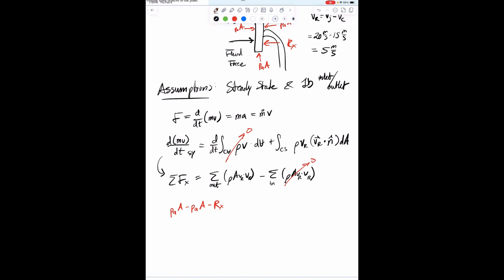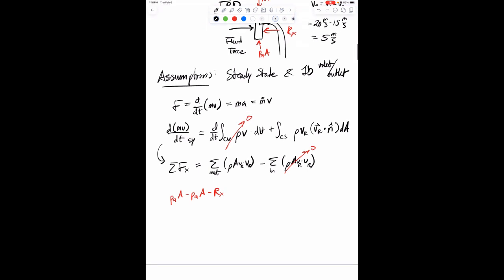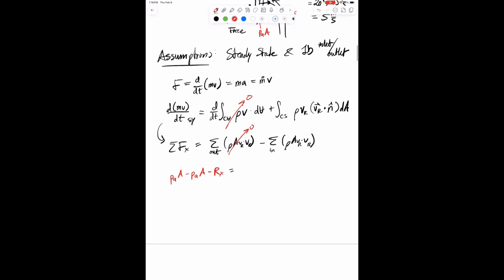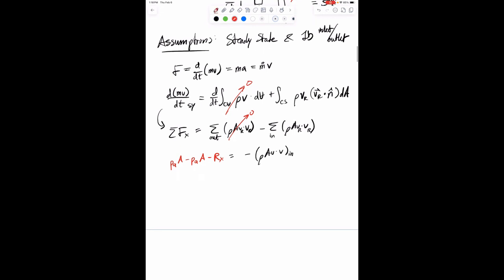And based on my coordinate system, which is positive y pointing up and positive x pointing right, R_x is going to be negative, is equal to my outlet, which is going to be 0. My inlet has an x component. So it's equal to negative rho A V dot V in. And so obviously these two pressure terms are the same, gauge pressure 0, so these terms will go away.